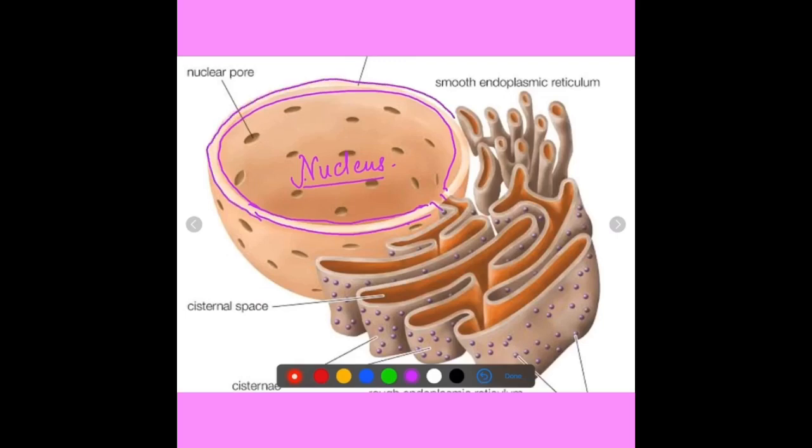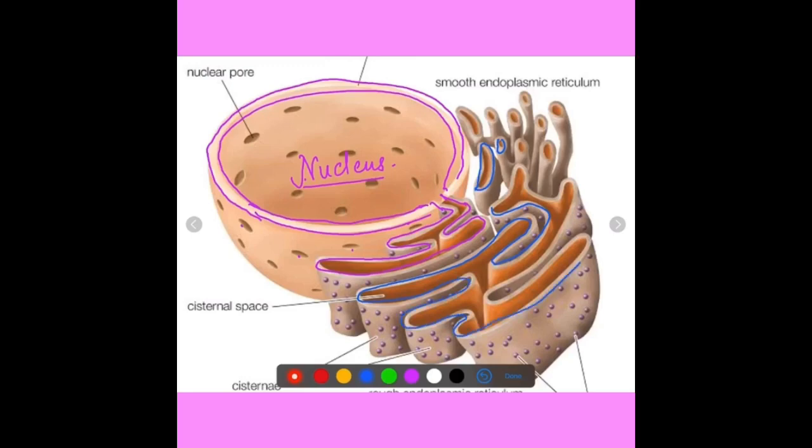Many nuclear pores are present, you can see here. One of the pores is entering this tube and sheet-like structure. This structure is the endoplasmic reticulum. This looks a bit different, have a keen look at this. Yes, this is the endoplasmic reticulum.